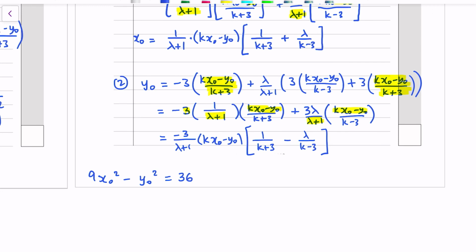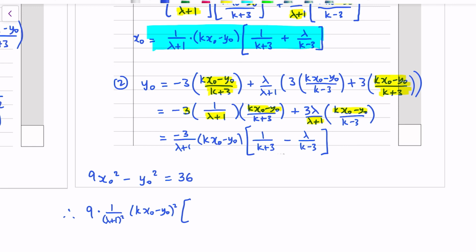So if I take 9 times the first equation squared, 9 times 1 over lambda plus 1 squared times kx naught minus y naught squared times 1 over k plus 3 plus lambda over k minus 3, squared, minus y naught squared, so that's this squared.